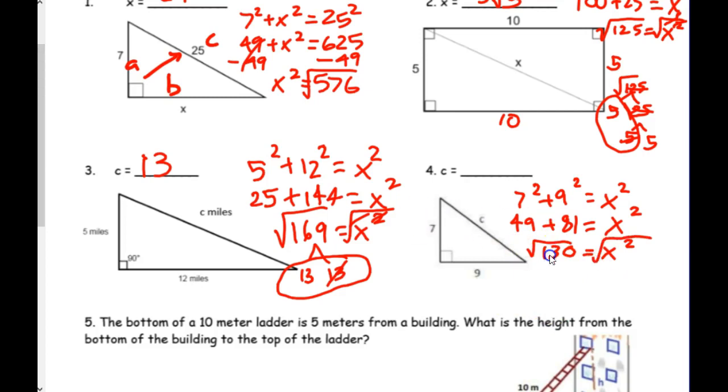Okay, and let's do this. 130 is 2 times 65. 65 is 5 times 13.